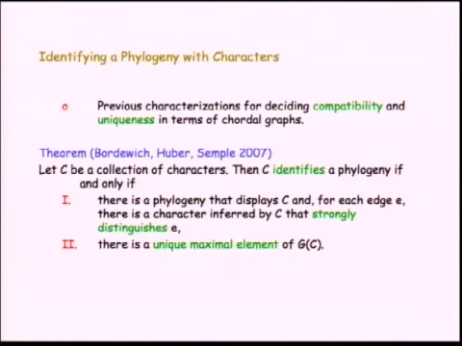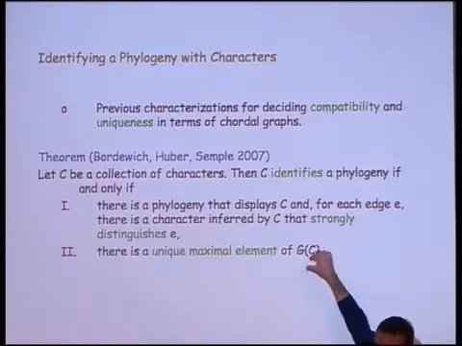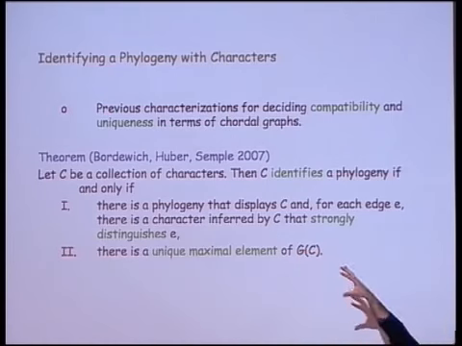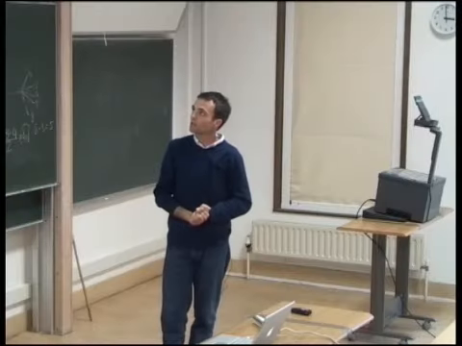So you need a notion of distinguishing, and this extends that. And then this thing here is to do with some particular set of chordal graphs. It works in a similar way to the uniqueness one. I'm not going to go through the bits and pieces, but it works in a similar way.